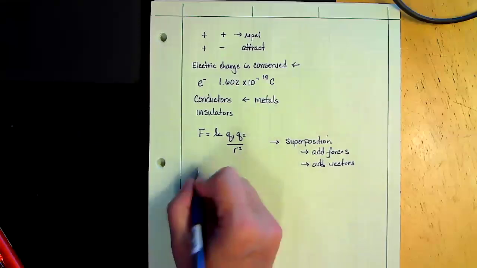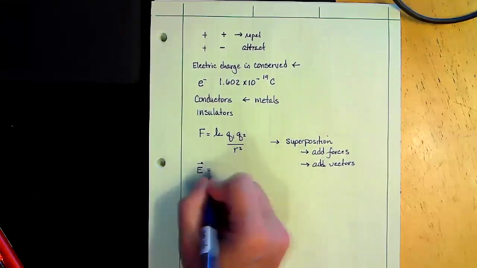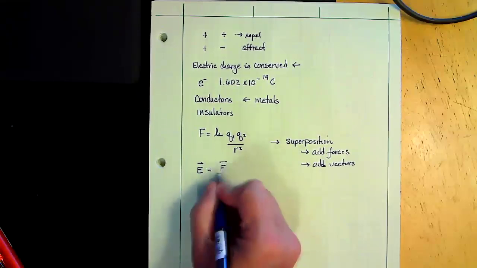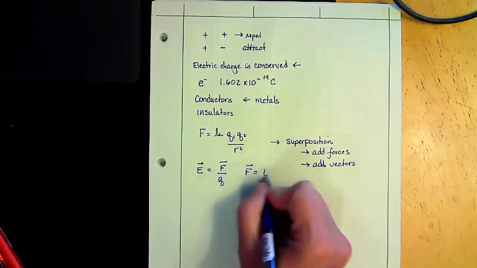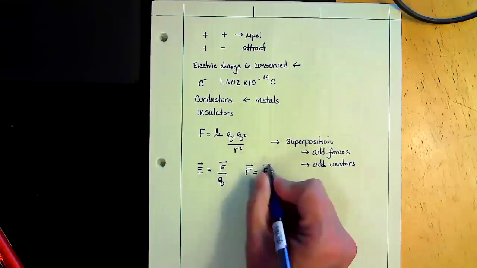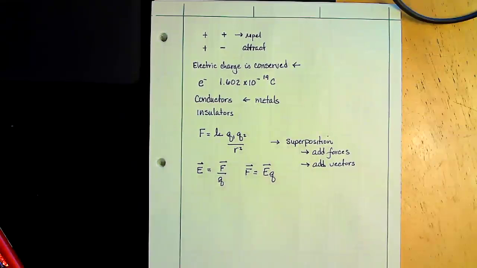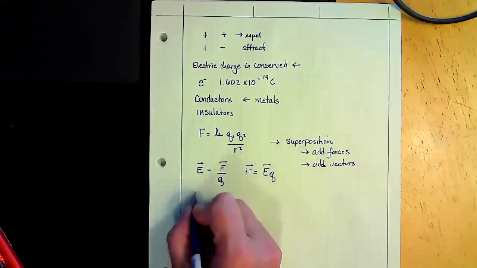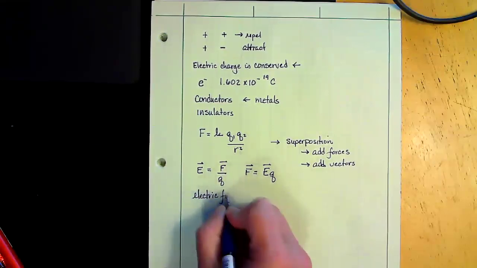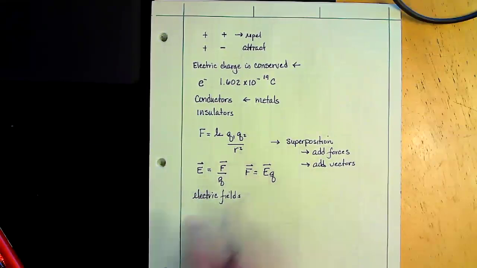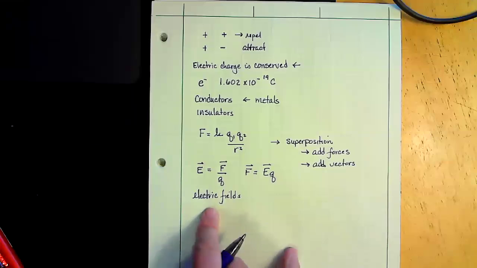Our electric field is defined as force divided by charge, or force equals the electric field times the charge. We'll use both of those in numerous places. We've looked at electric field lines and being able to see the electric fields. Now you understand why it's important to do that visualization laboratory so that you can actually look at it.